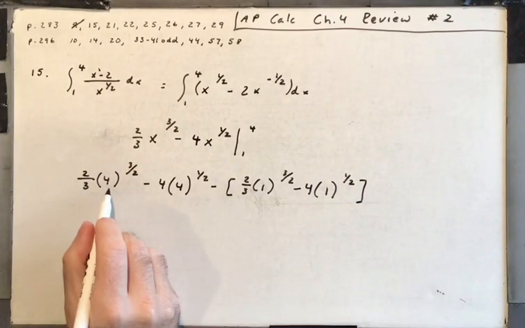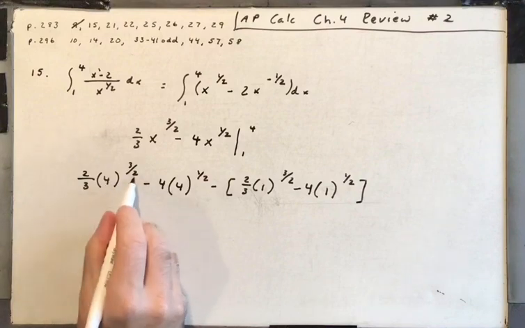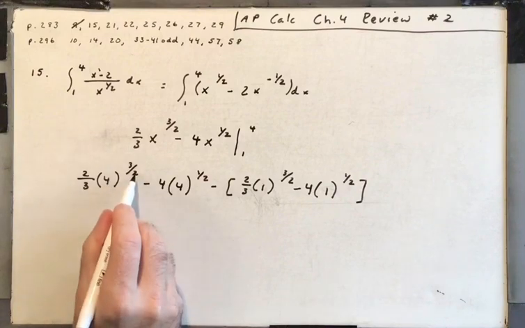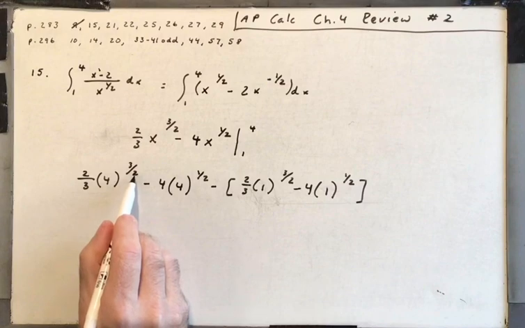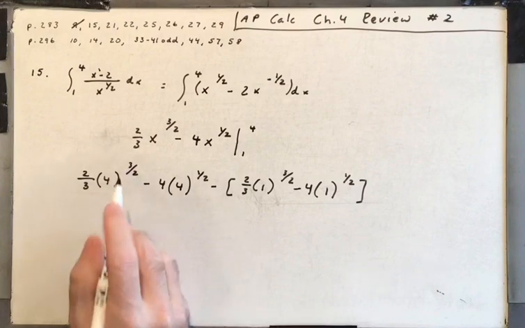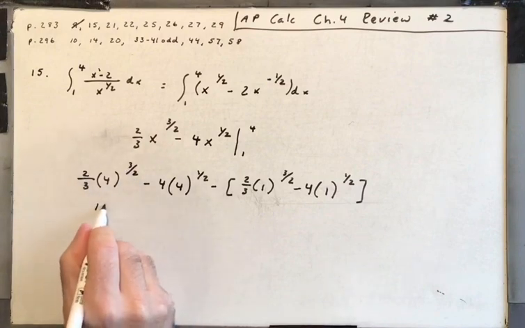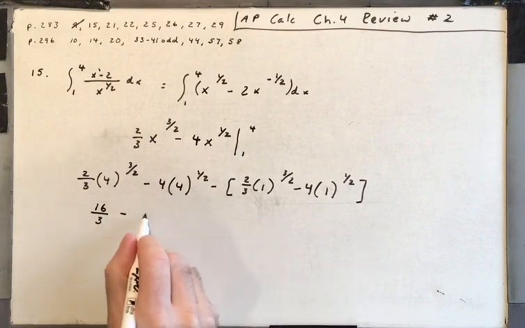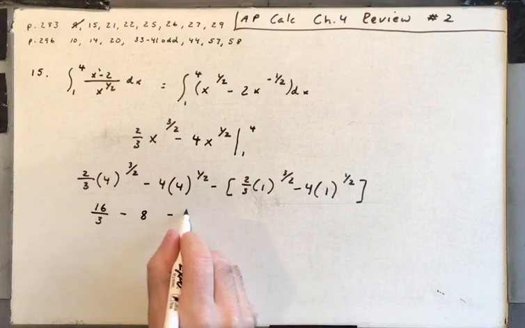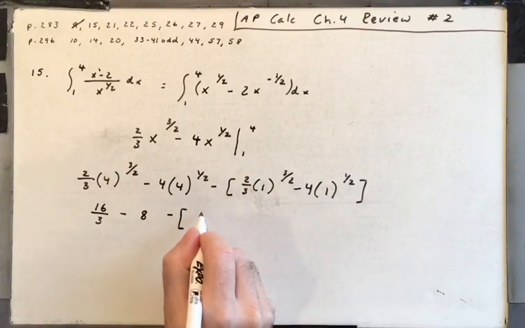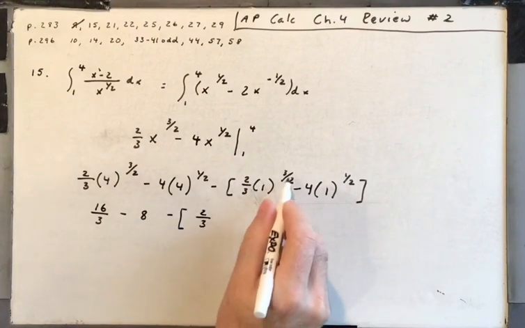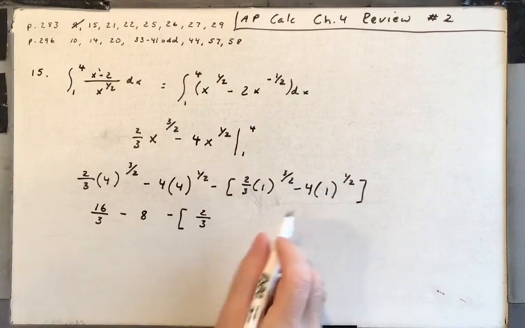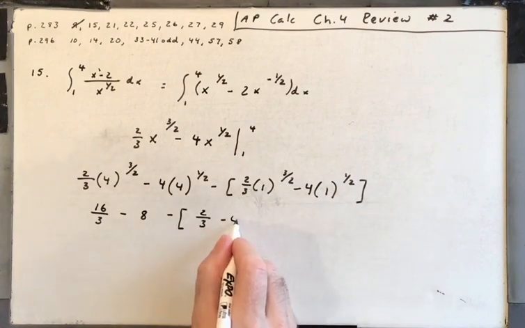Good grief. All right, so 4 to the 3/2. Of course, you can use your calculator here. Square root of 4 is 2. 2 cubed is 8. 8 times 2/3, so that's going to be 16/3 minus 8, minus, thank goodness, 2/3, because 1 to the 3/2 is just 1. And then minus 4.